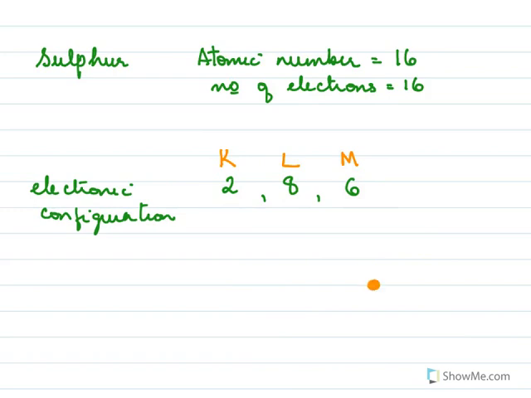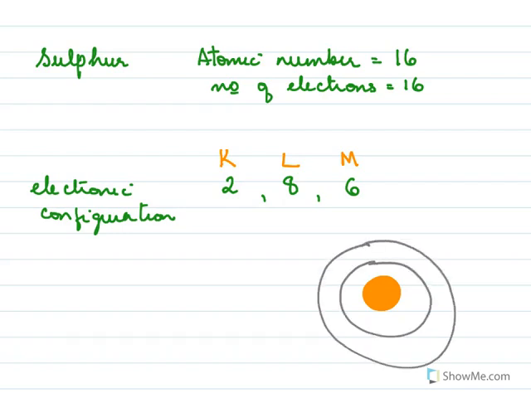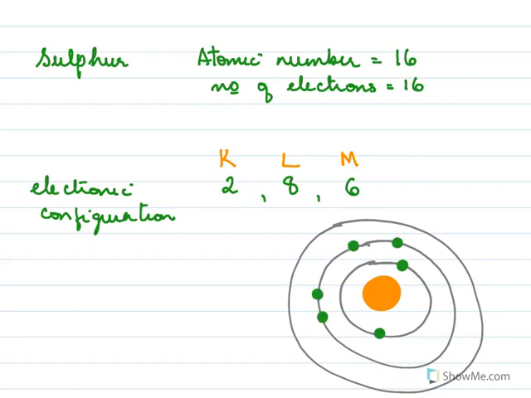If you go back here for sulfur, you have your nucleus. It has got 3 shells, you can say K, L and M. So you have the K shell first, then the L shell, and then the M shell. In the K shell, the first shell, there are 2 electrons. Then there are 8.